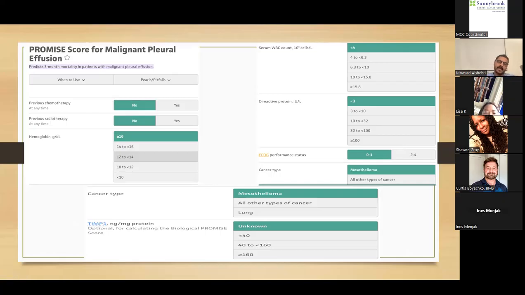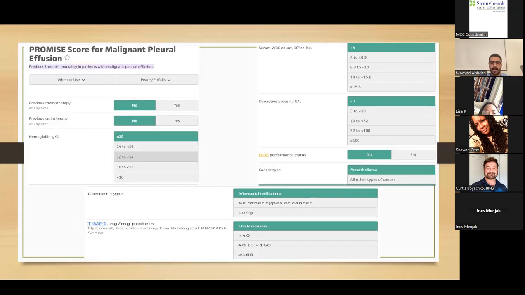TIMP1, which is tissue inhibitor of metalloproteinase 1. Honestly, it's more of a research blood marker that we don't even use much. I have never seen it except in studies. And these are the cutoffs for significance; the higher it is, obviously, the worse.